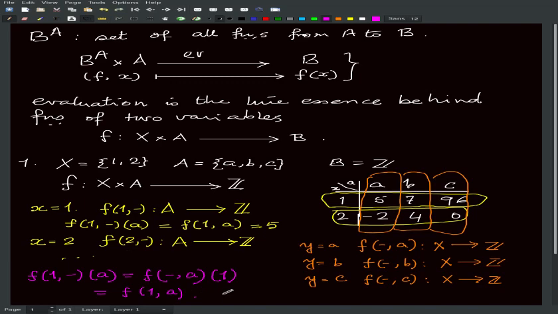So that is the meaning of saying that functions of two variables, which are essentially tables like this, are nothing else but actually trying to give you a picture like this.